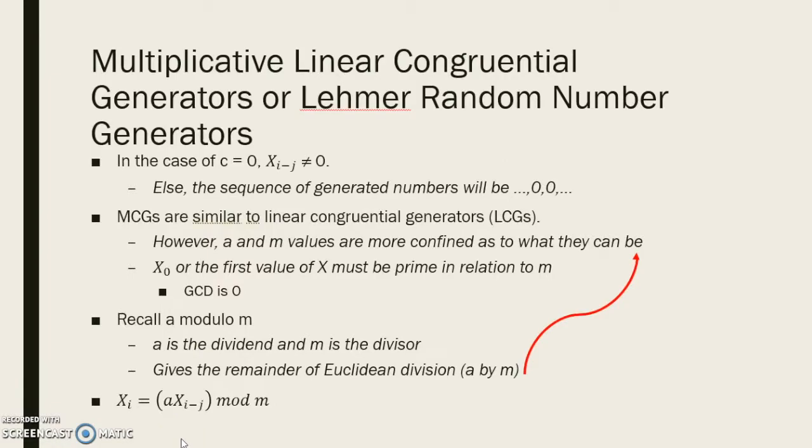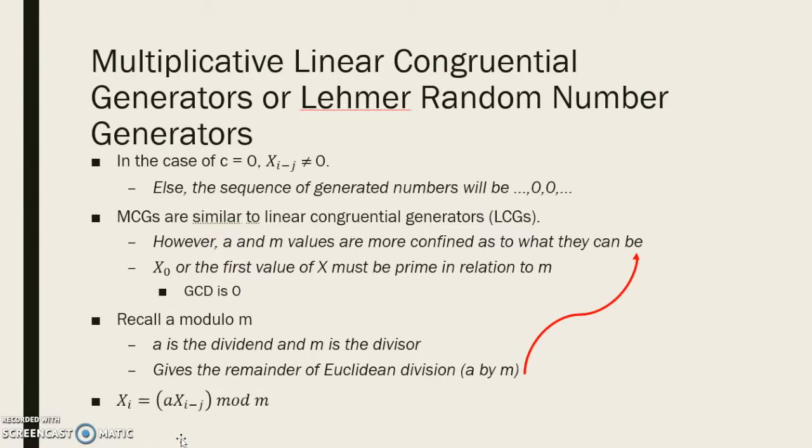Multiplicative linear congruential generators, or MCGs, can also be referred to as Lehmer random number generators. In the case of C equals 0, x_{i-j} cannot be equal to 0, else the sequence of generated numbers would just be a long list of zeros. MCGs are similar to linear congruential generators, or LCGs.